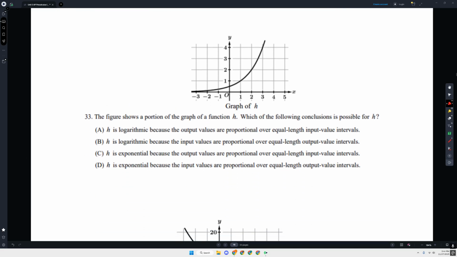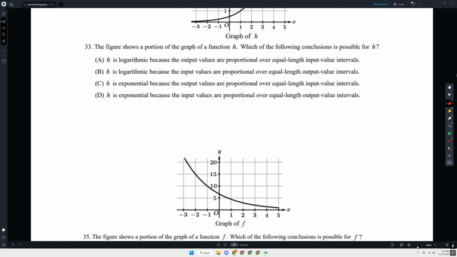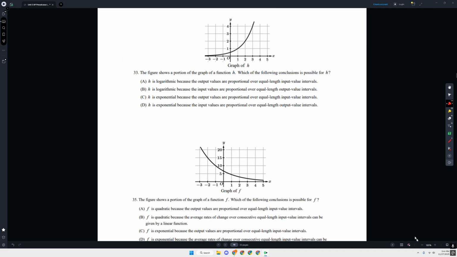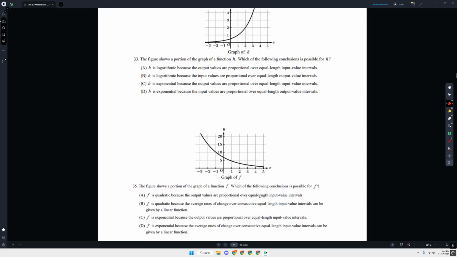If there's no questions, then we'll continue on. Okay, I'll do 33 and 35 at the same time. So let me zoom out. I think this should work.